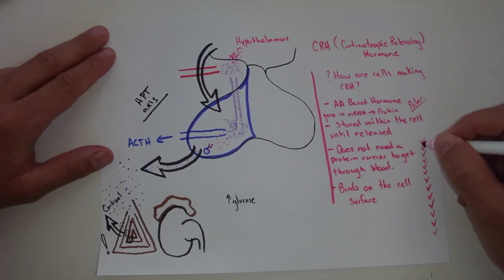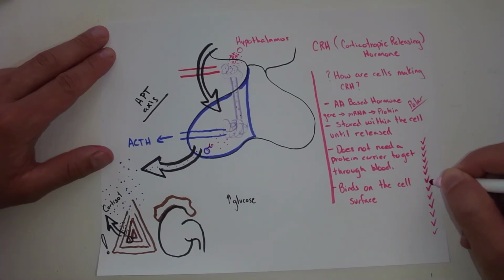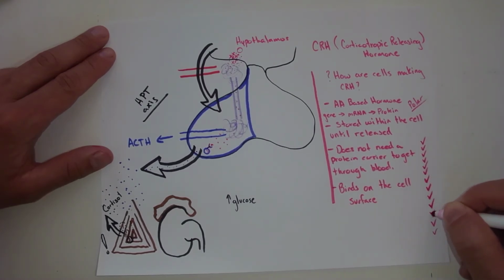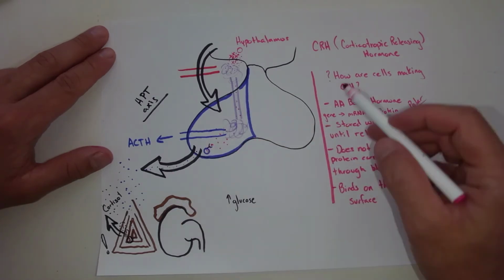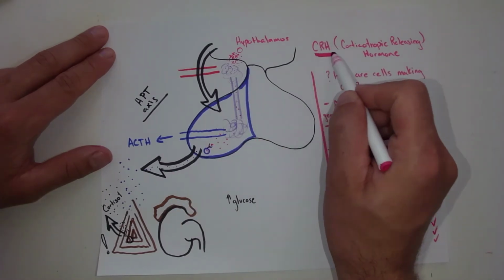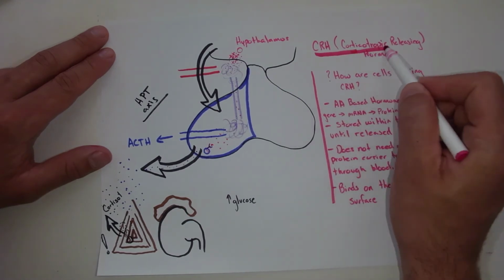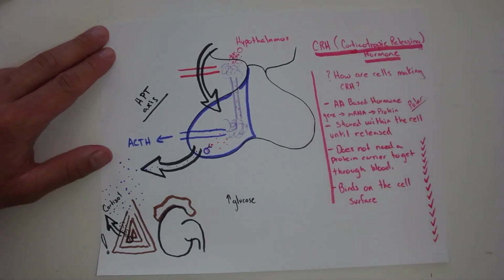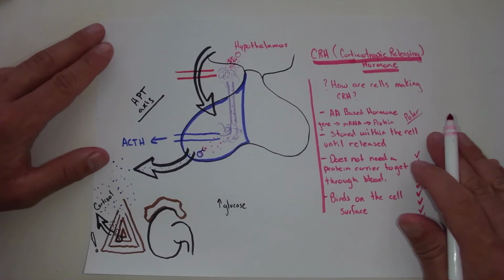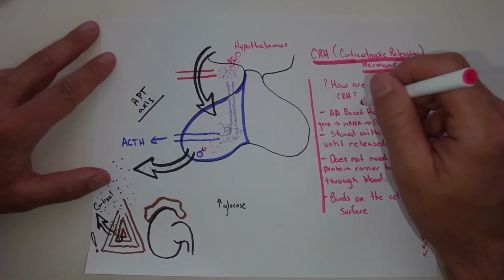We can answer 1, 2, 3, 4, 5, 6, 7, 8, 9, 10, 11, 12, I must have missed one somewhere, 13, at least 14 questions about CRH. I'll give many, many more examples. But first, how did I know that it was amino acid based?